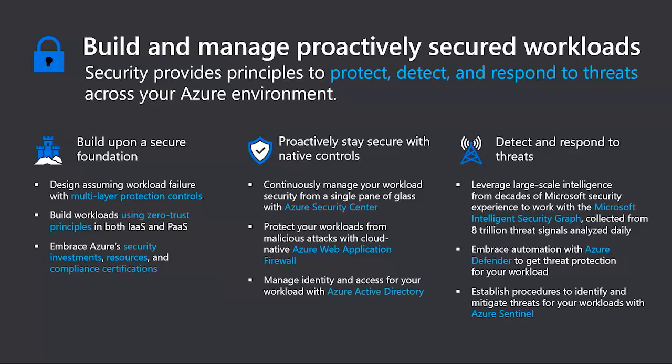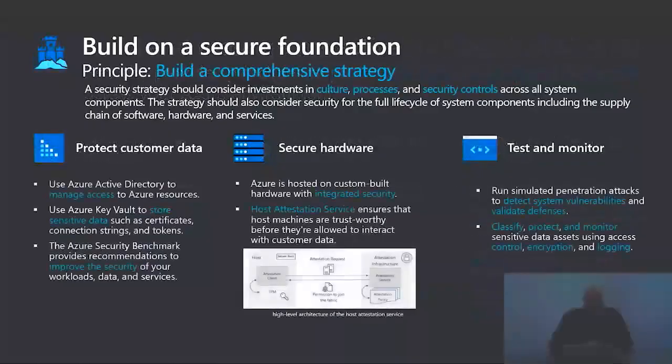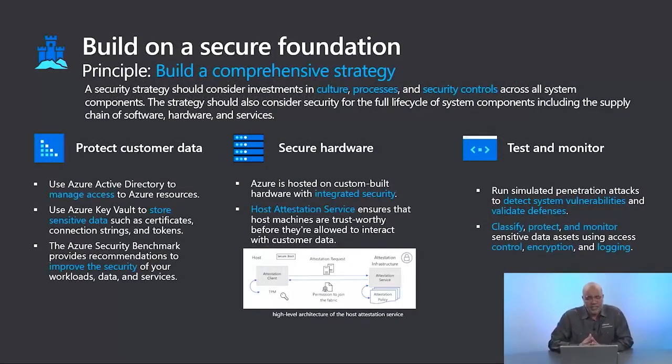Let's talk about the principle of building a comprehensive strategy. So, a security strategy should consider investments in culture, processes, and security controls across all system components. And that strategy should also consider security for the full life cycle of system components, including the supply chain of software, hardware, and services.